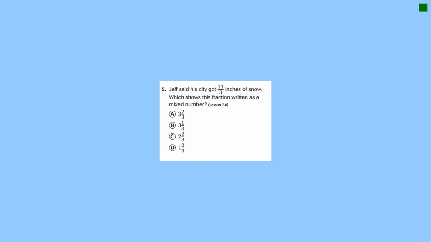Oh my goodness. I left this one so teeny. Oh well, we can do it. Okay, let's check number 5 here. Jeff said his city got 11/3 inches of snow, which shows this fraction written as a mixed number. Okay, so, well, this gives me a lot of workspace, doesn't it?